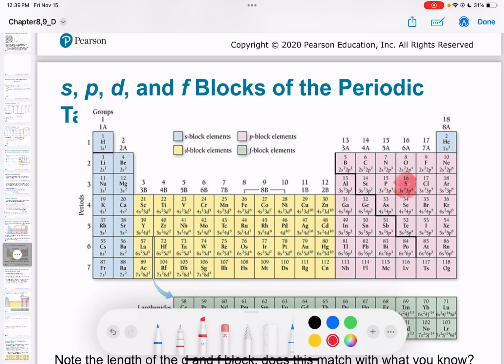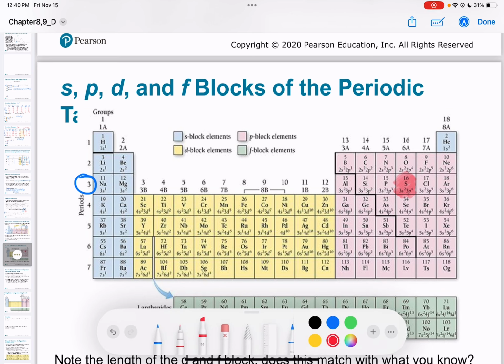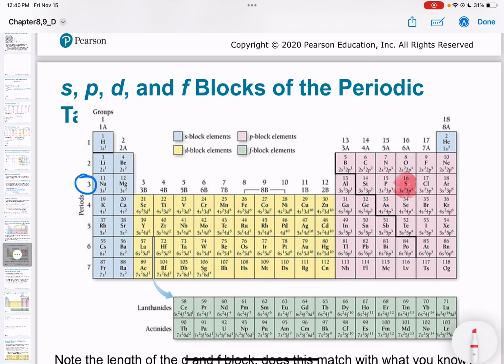If we go back to the row that it's in, we can see that they're in the 3P. And if we want even further information, we can count the columns into the P block. How many columns into the P block is it? 1, 2, 3, 4.